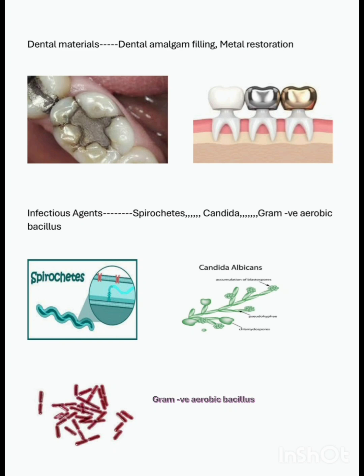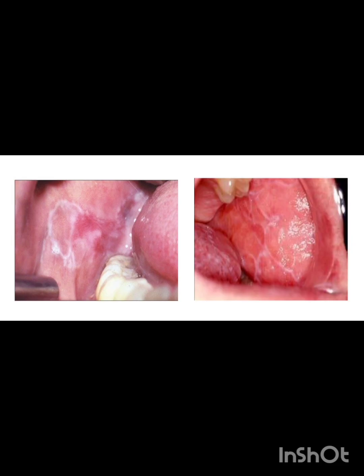Now coming to the clinical features of lichen planus. It is commonly seen in adults with a higher prevalence in females. It appears as white papules that form a network of lines with the presence of grey or white dots.